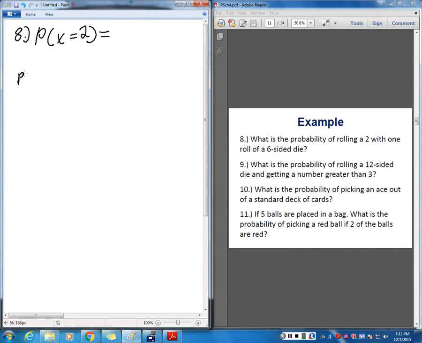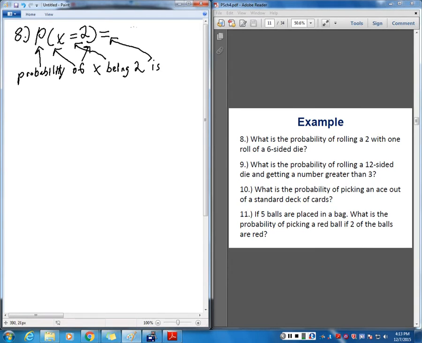Now this is saying probability of, parentheses, x being 2, or x is 2, is. So that's the notation that we use to communicate that this is a probability that x is 2.